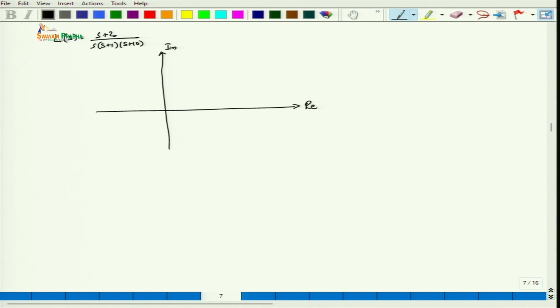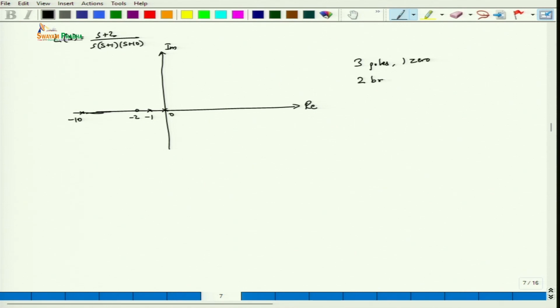Now if we look at the root locus, there are 3 poles and 1 0. So here we have one pole at 0, the other one is at -1, and we have a far away pole at -10, and we have a 0 here at -2.